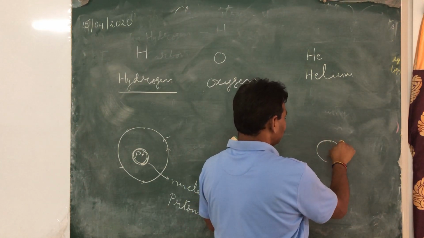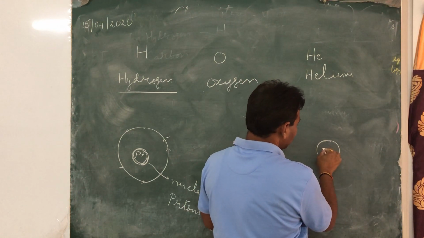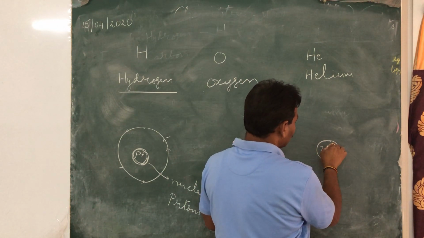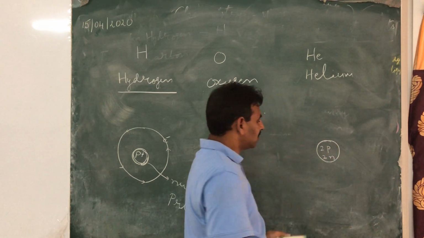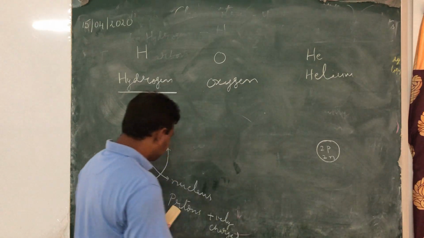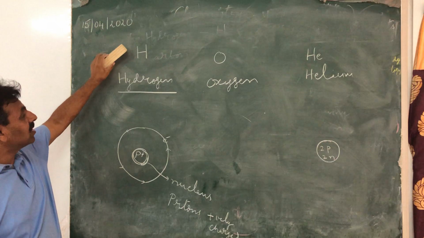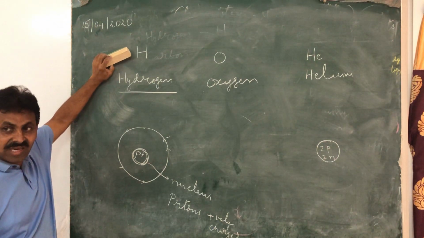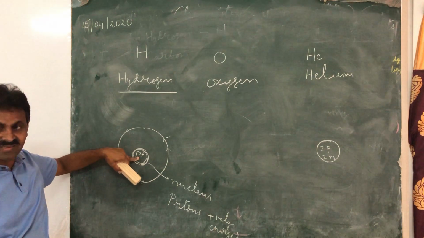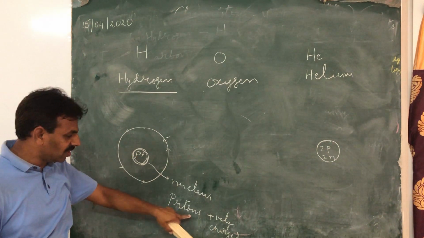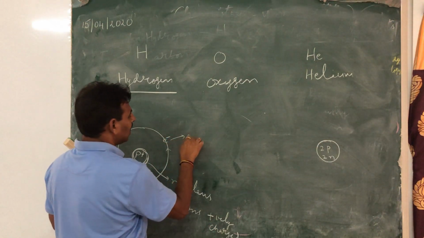This is the nucleus of helium. It has 2 protons and 2 neutrons. Here I have not written neutrons because hydrogen is the only element which doesn't have neutrons in the nucleus. Therefore, I have written only protons which are positively charged, and this is the electron.